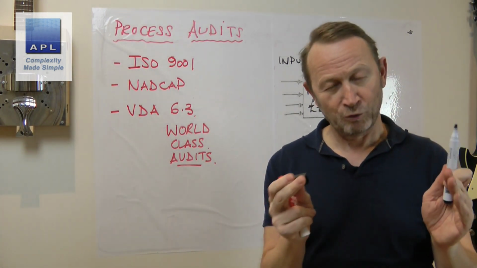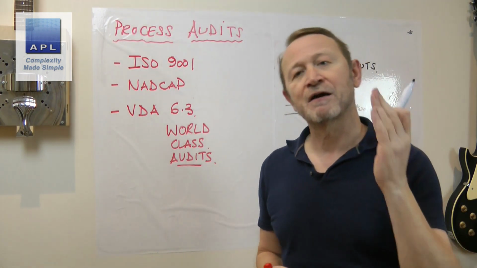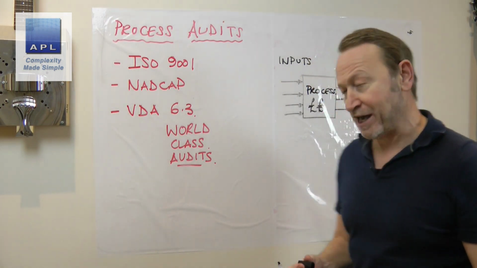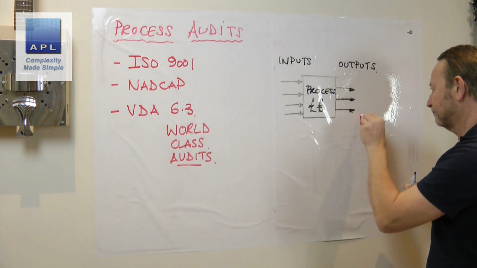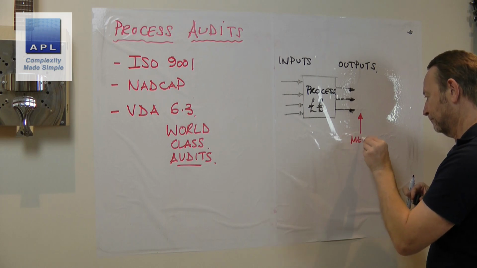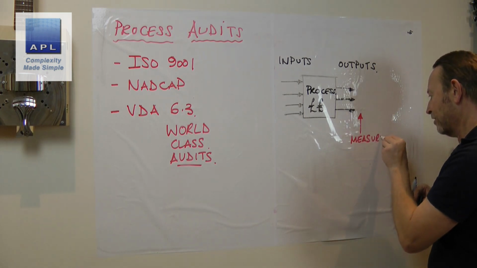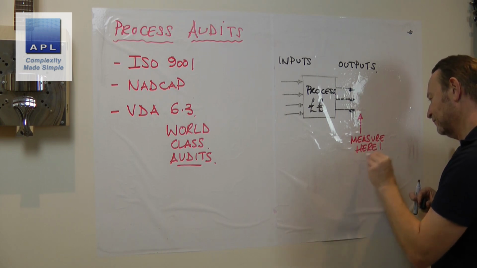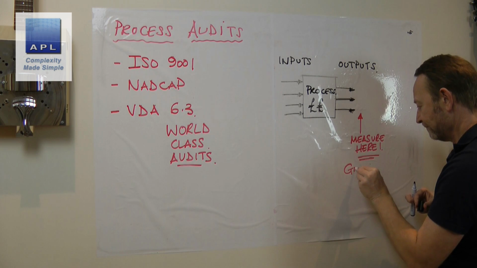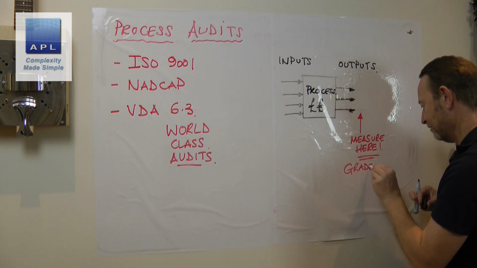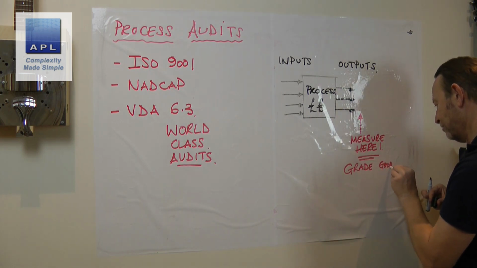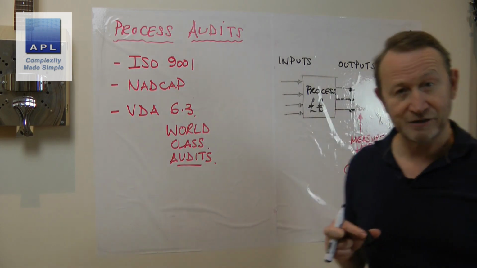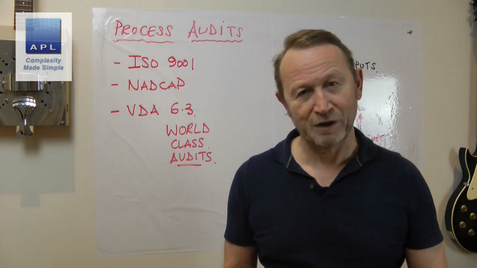So what is a control plan? Let's talk about a control plan as opposed to an inspection plan. If what your control plan says is that you are going to measure here, and what you will do is grade good from bad, that is not a control plan.